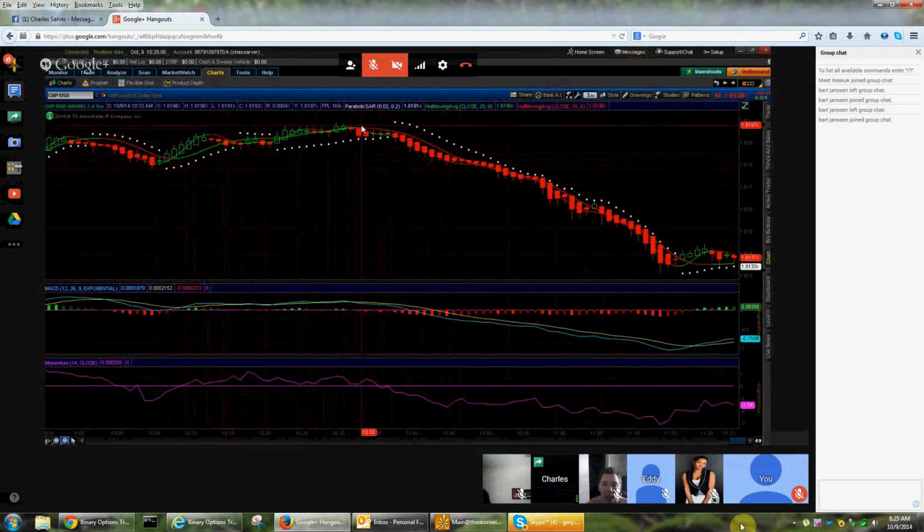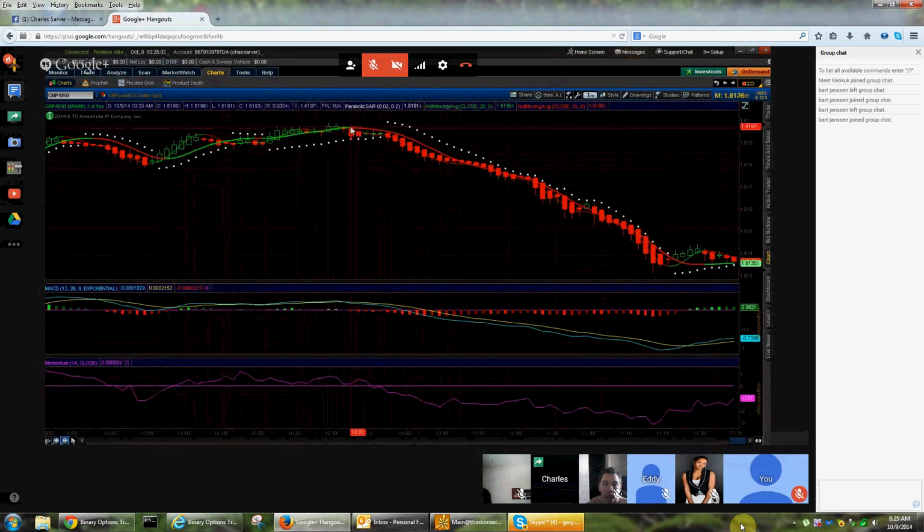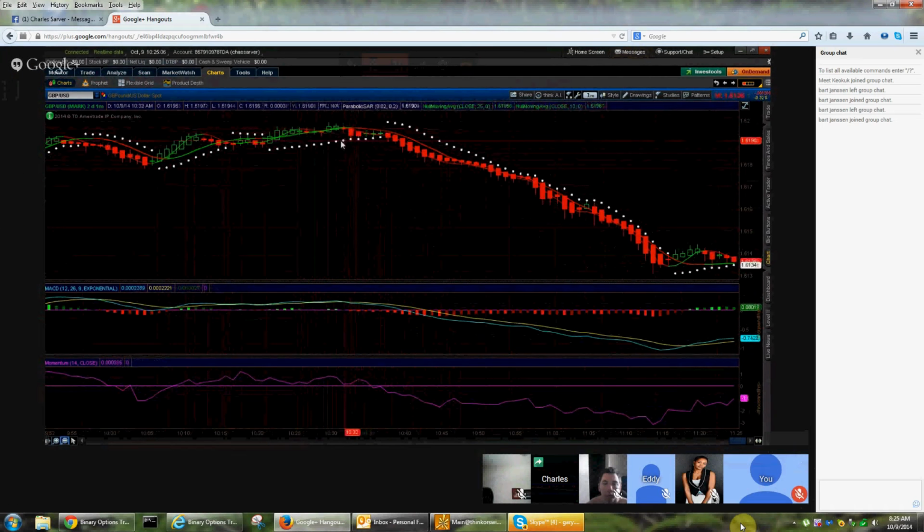Now, the long haul has turned here, but you're still not ready because the dots are still underneath. It's still showing an upward trend. So you wait, and you want both your hull moving averages to be red. For a downward trend, you want your parabolic dot to be on top.